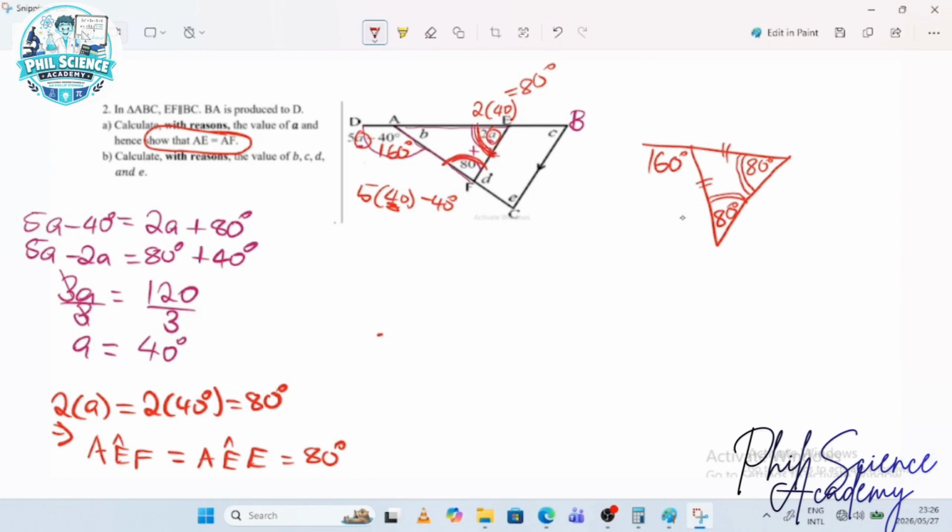So therefore, AE, this side here, will be equal to AF. Reason being, angles opposite equal sides. So that's how you will show that AE is equal to AF.